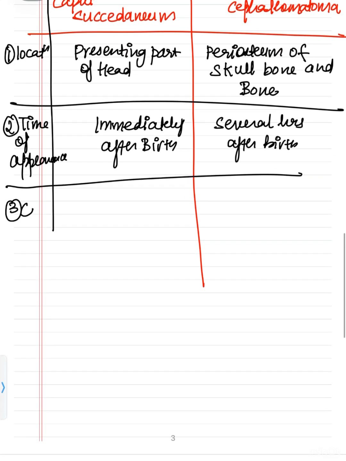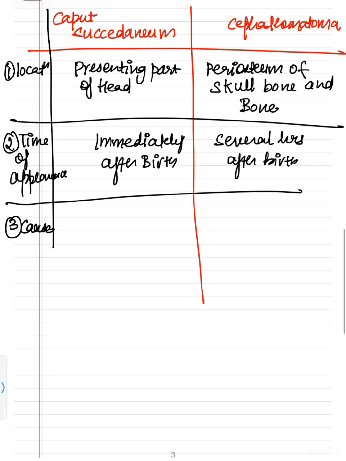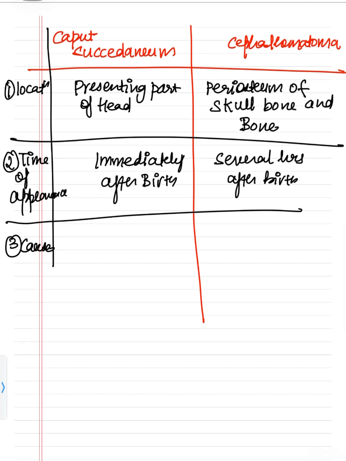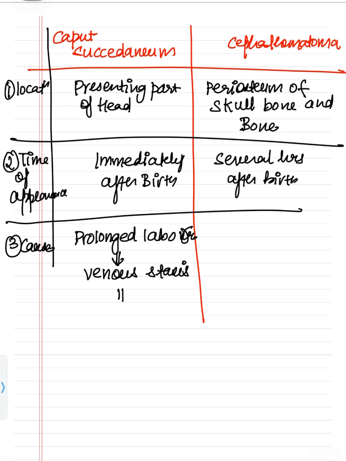Now the third thing is cause. What is the cause of caput succedaneum? The cause of caput succedaneum is prolonged labor. So the labor got prolonged, it causes venous stasis, and it causes edema. So the caput succedaneum is because of the prolonged labor, which caused venous stasis and edema.